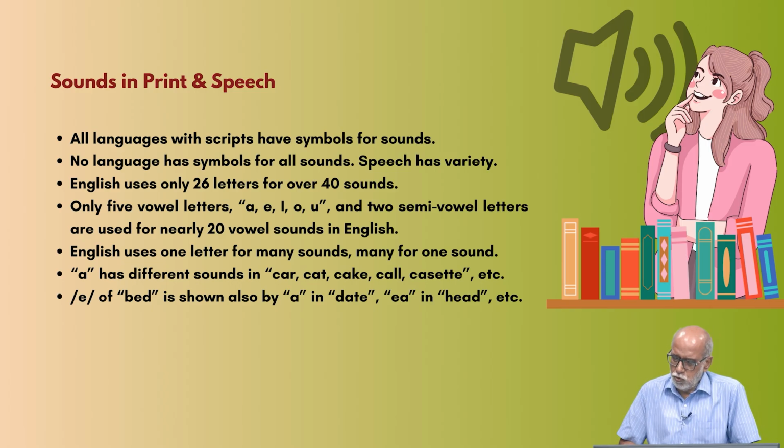So, Y serves a double function, both as a consonant and as a vowel. With W you can have a consonant, you can say wet, was, where, wonder, window, but you can also use it like a vowel, when you say cow, now, how, you are using W as a vowel. So, with 2 semi vowel letters and 5 vowel letters, English represents over 20 vowel sounds.